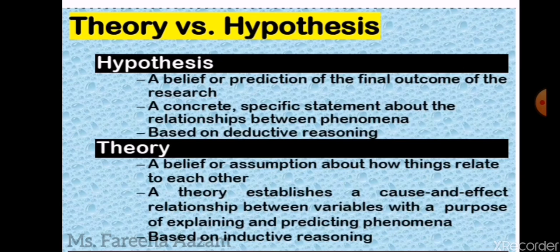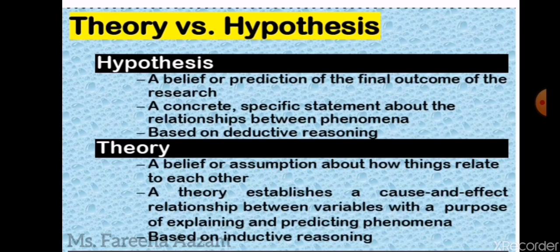And next there is a theory. I have already explained that a theory is basically a supposition or system of ideas intended to explain something, especially one based on general principles independent of the thing to be explained. An example of a theory is Darwin's theory of evolution.